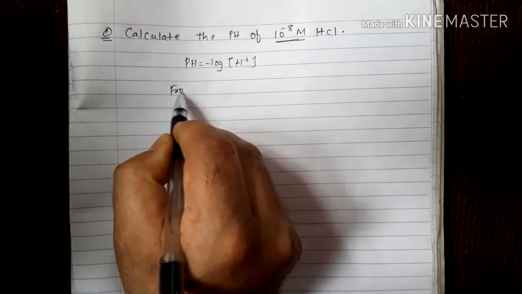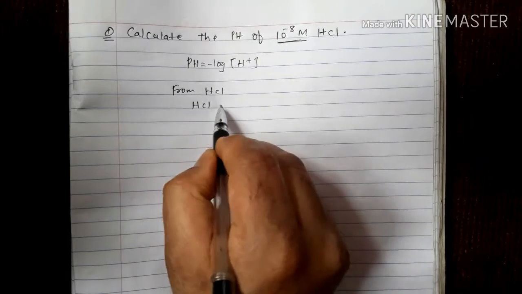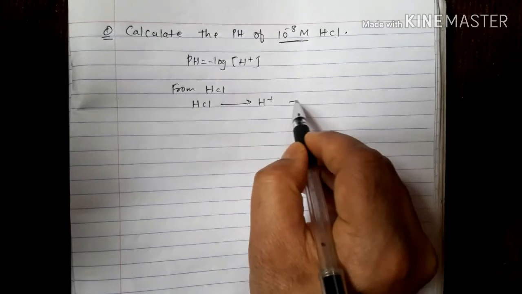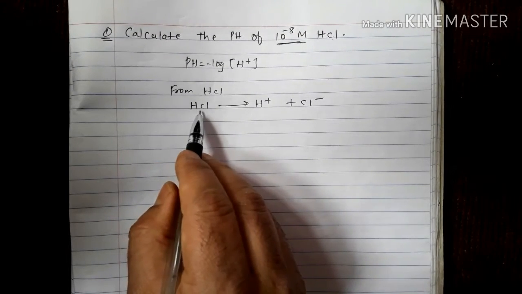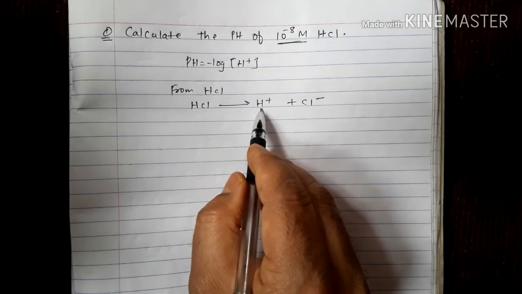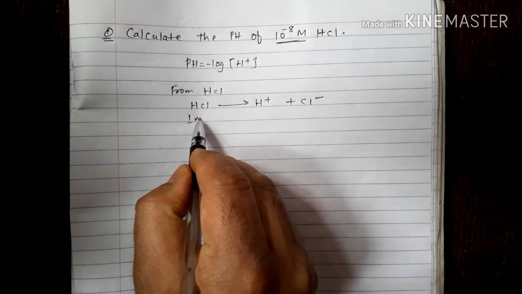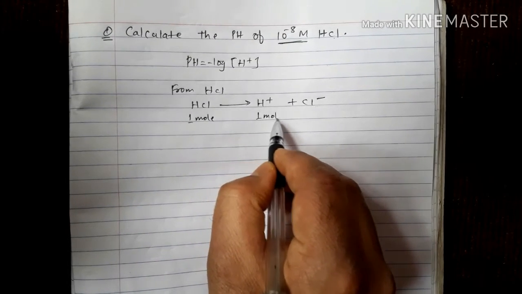First, from HCl: when HCl is completely ionized, it is a strong acid, completely ionized to H plus and Cl minus. One molecule of HCl completely ionizes to one H plus and one Cl minus ion. If 1 mole of HCl is completely ionized, it gives 1 mole of H plus.